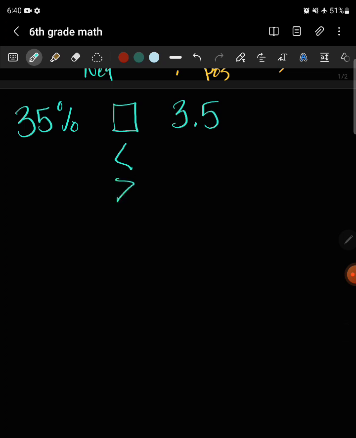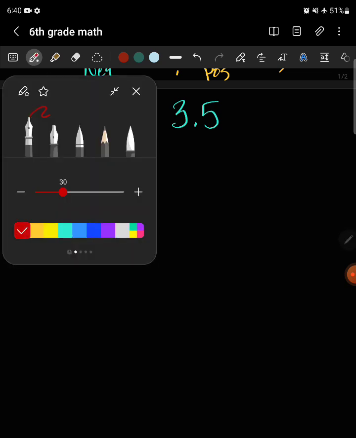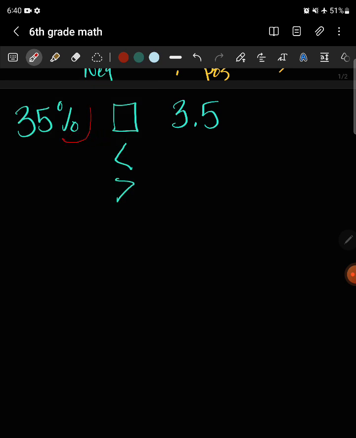All right, so the first thing that I want us to realize in this problem, whenever we're dealing with this, we have to realize that we have a percent right here. And with us having a percent, we are comparing a percent to a whole number. So the best thing that we can do is to make sure that we put both of these numbers in the same type of form.